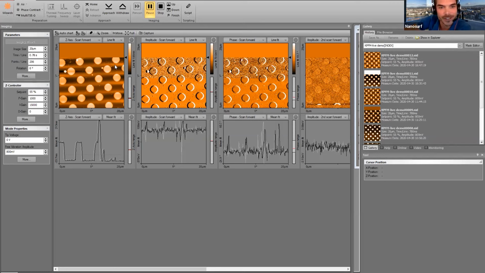There's another question. Can we use it for powder samples? If you can prepare the sample well enough that the powders are nicely fixed on the surface, yes. It's of course very interesting what the material of the powders is. Are the powders conductive or not?